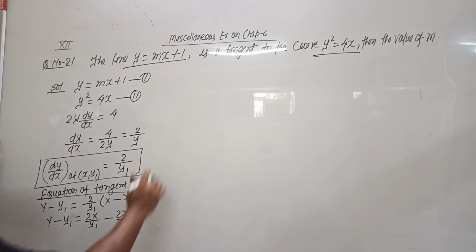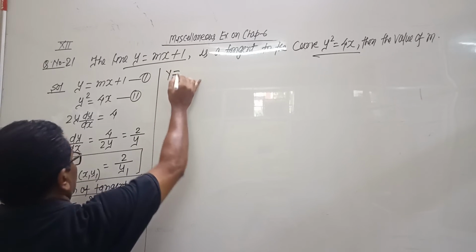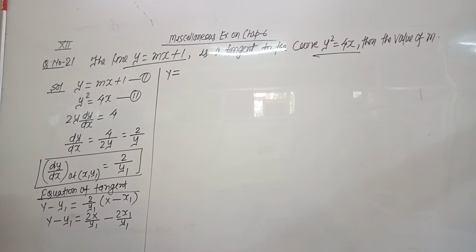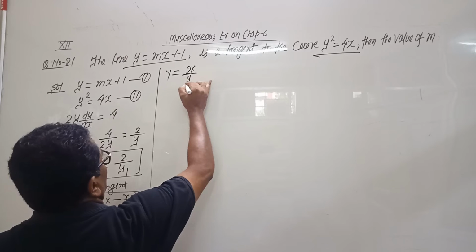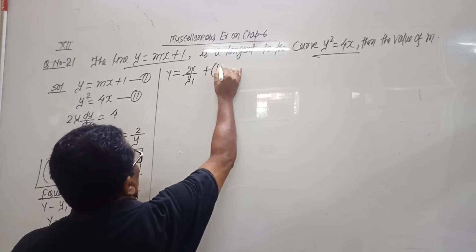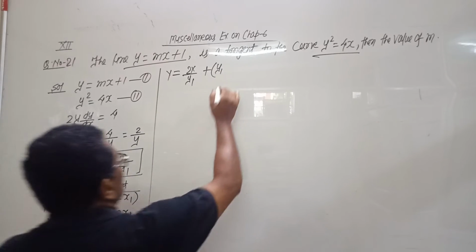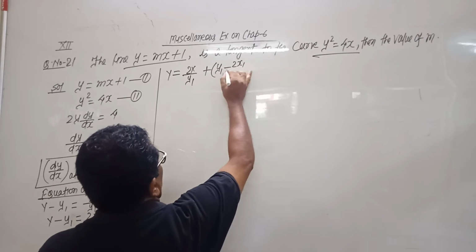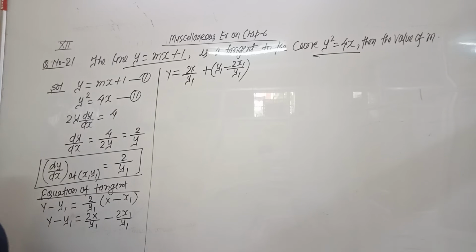So we get y equals 2x by y1, this will go on the right side, becomes plus y1 minus 2x1 by y1. So this is the equation of tangent.